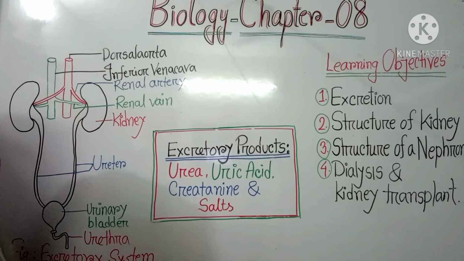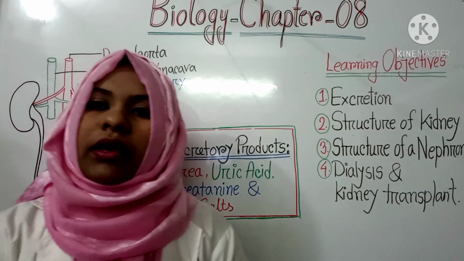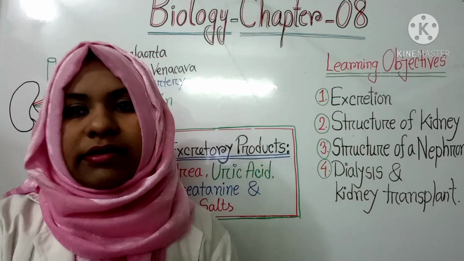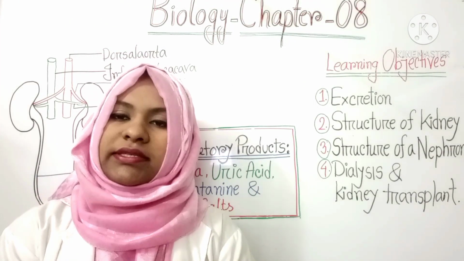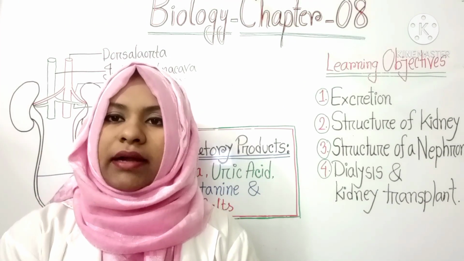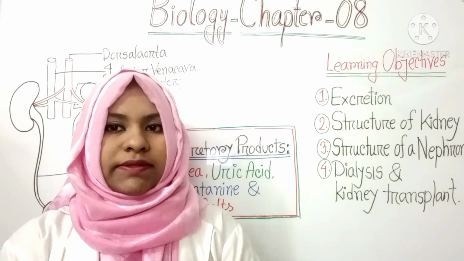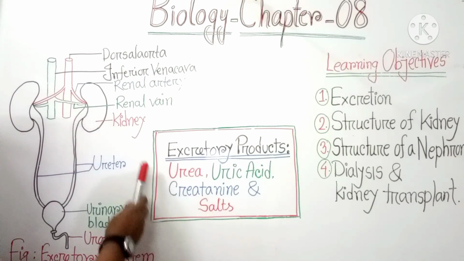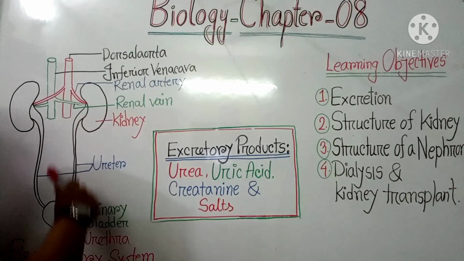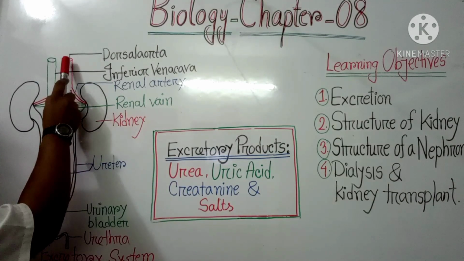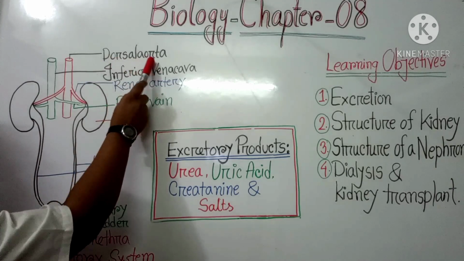Human excretory system that we can see on the board. This system assists to remove poisonous substances from the blood, and it helps to maintain the biological balance. Here we can see the excretory system of the human body. This part is the dorsal aorta.